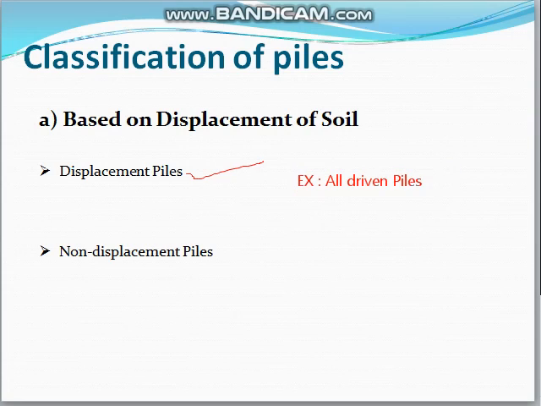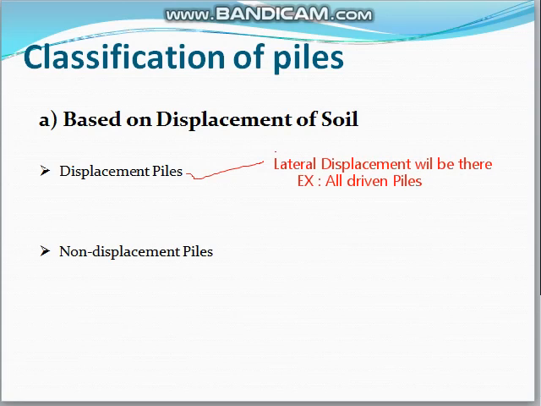That means here there will be lateral displacement of soil. That is called a displacement pile.